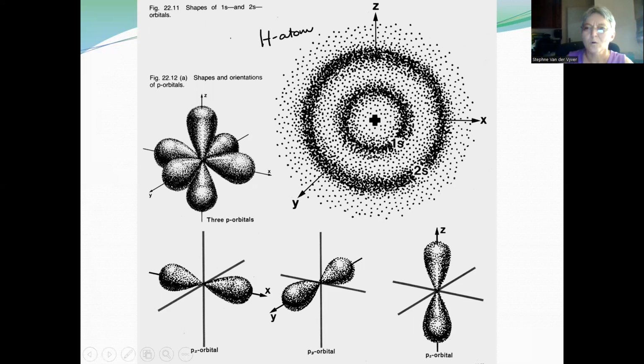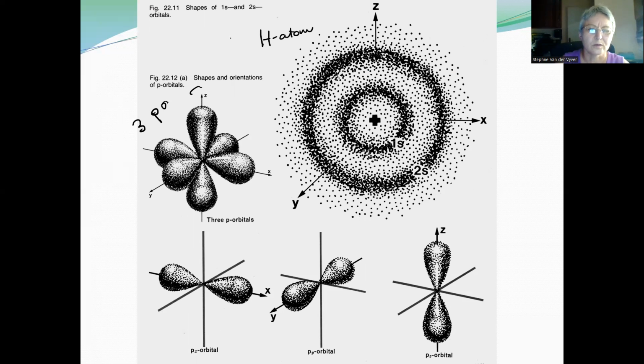Now it's all around the nucleus. It's not only on a flat space like in a hazy circle like this. The second orbital, also called an s orbital, is visualized by all these spots on the outer side of the first s orbital.